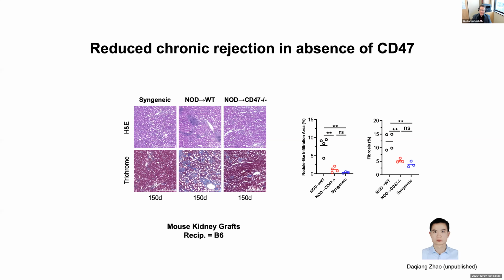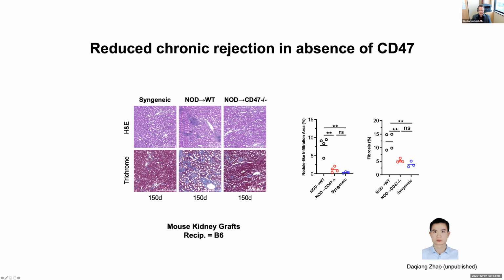But what we did is we looked at the effects of the CD47 SIRP alpha on rejection. And this is work done by our talented microsurgeon, Da-Chang Zhao. He's unfortunately back in China, but he transplanted kidney grafts, and kidney transplantation in mouse models is, in the majority of strain combinations, a chronic rejection model.